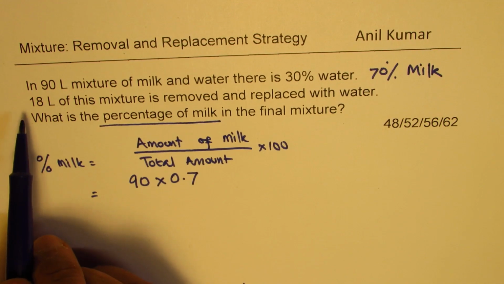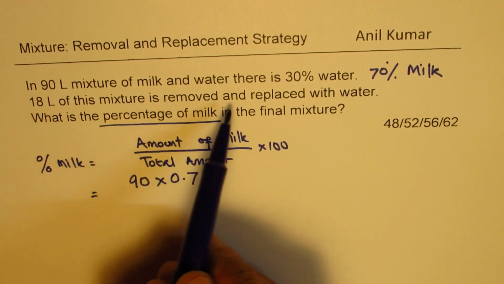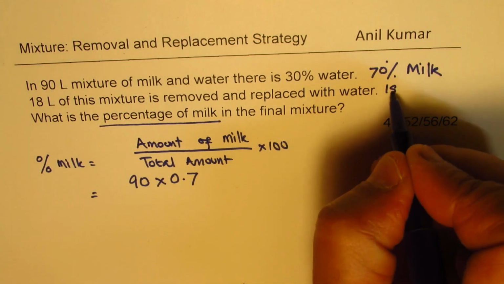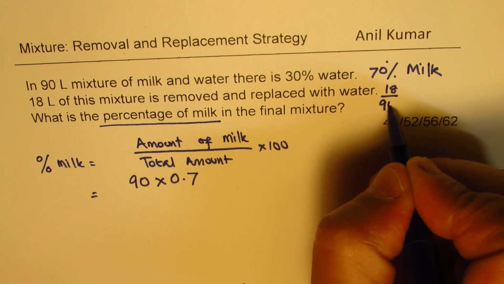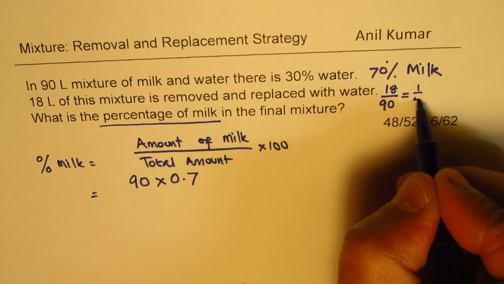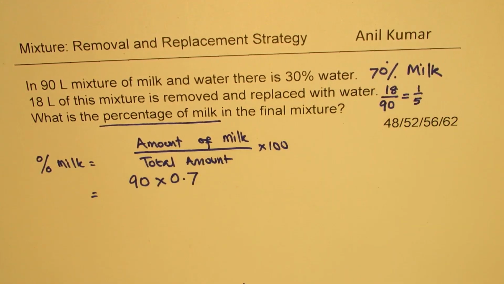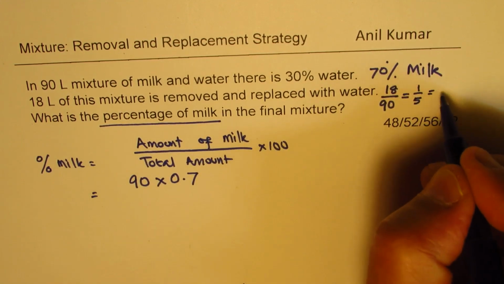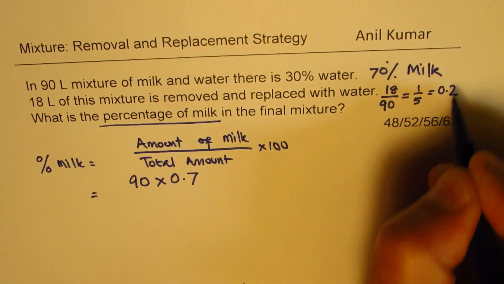Then it says 18 liters of mixture is removed and replaced with water. So 18 liters means 18 out of 90 is basically 1 out of 5, correct? Which is 20%. So 1 out of 5 is 20%, right? Which is 0.2, correct?